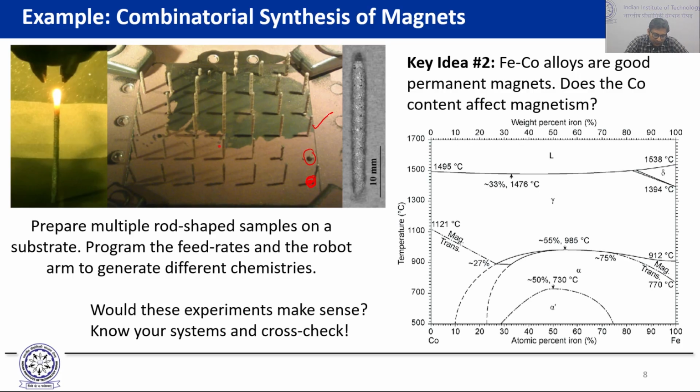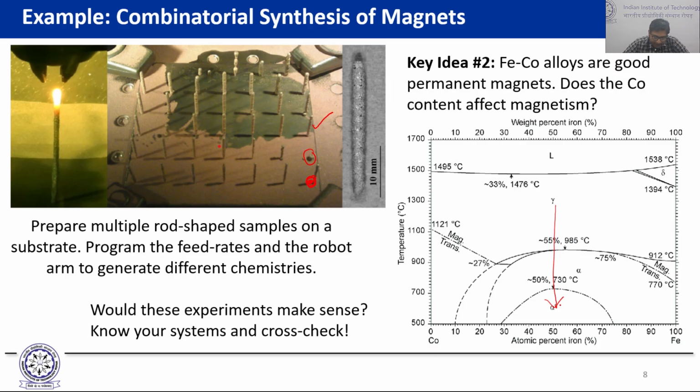So if you look at the iron cobalt phase diagram, you would see that you have very good solubility in a certain range, but then as you come down with the temperature, you are going to have some amount of spinodal decomposition taking place.